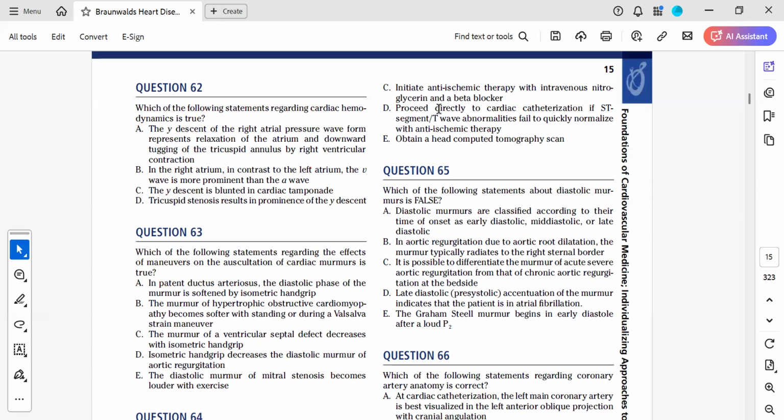So a reduced S1 and a shorter murmur point more towards an acute aortic regurgitation, whereas a longer murmur, probably with a displaced apex and a normal S1, is more in keeping with chronic aortic regurgitation.